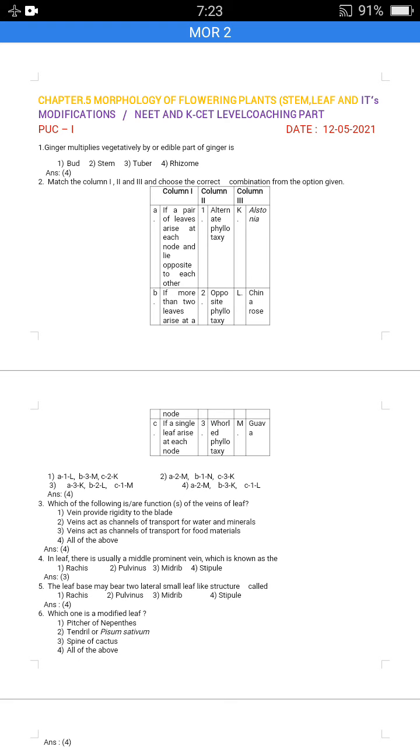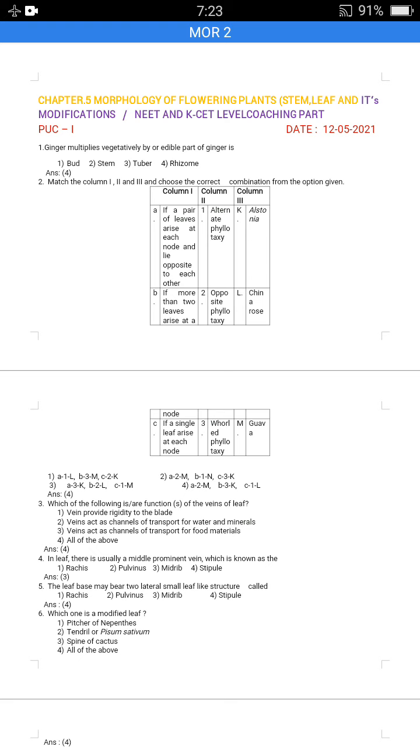What is the explanation for this question? Let us see. In the leaf, let us take mango or neem or banyan tree or peepal tree, anything. There is usually a middle prominent vein, which can be seen with our naked eyes, which is very thick and prominent due to the presence of vascular bundles in the middle.